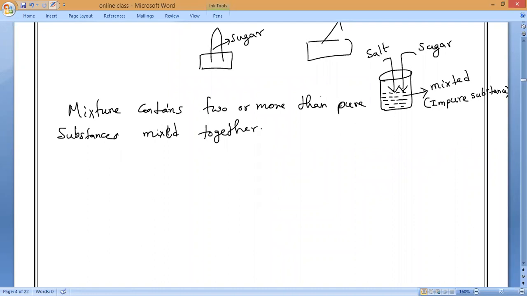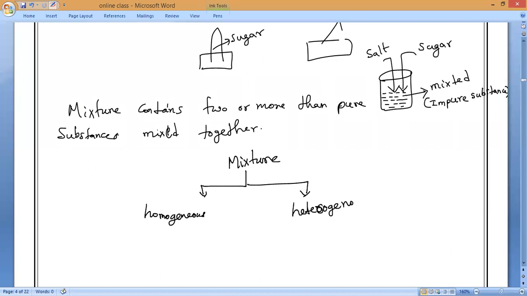That is why mixtures are again 2 types. Homogeneous mixture, and another one is called what? Heterogeneous mixture. Please all of you remember that.